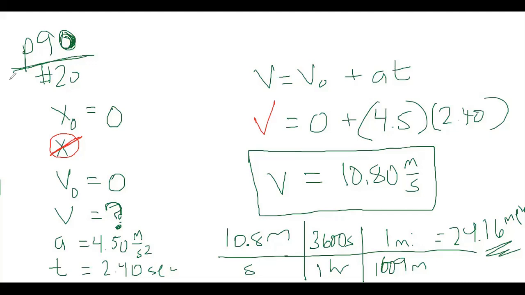All right, no questions on this particular problem? Let's try some more. We're gonna do this the whole time. And these problems can be really fun once you start figuring out how to write the variables and stuff. So number 21, again, a well-thrown ball is caught in a well-padded mitt. If the deceleration of the ball is 2.1 times 10 to the 4th meters per second squared, and 1.8 times 10 to the minus 3rd second elapses from the time the ball first touches the mitt until it stops, what's the initial velocity of the ball?